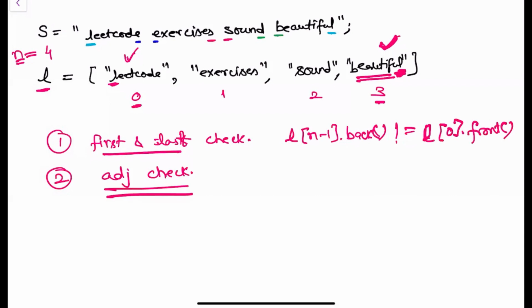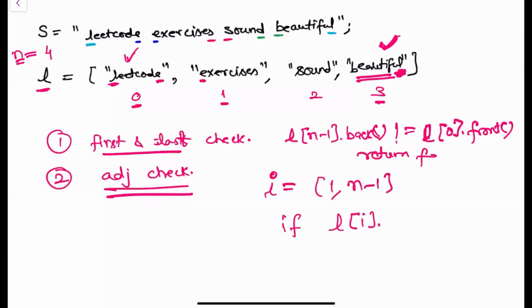And for the adjacent check, for number one, we have to check its first against the previous last. So we just go from index 1 to n minus 1. If this was the case, we would return false. What will be the case to return false? This you have to check with previous, this with previous, this with previous. What should be the check?